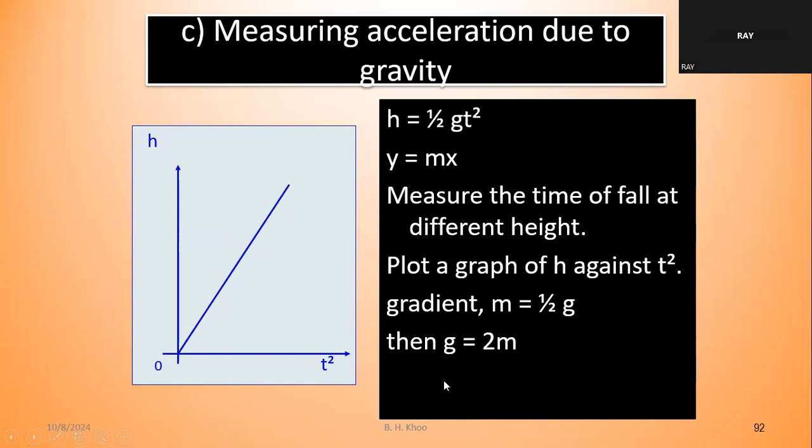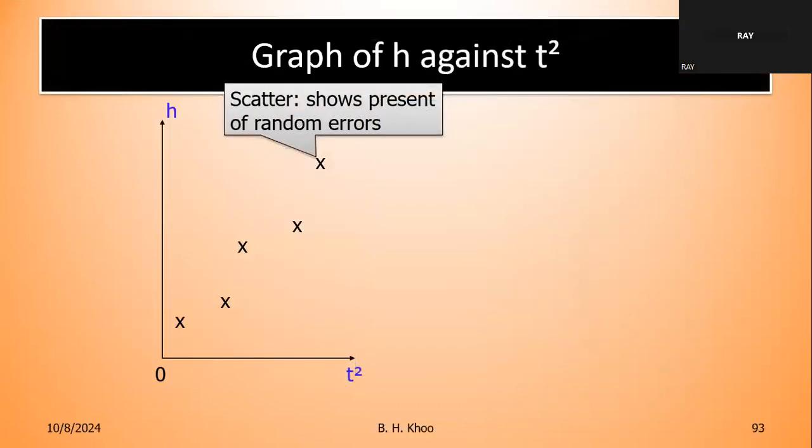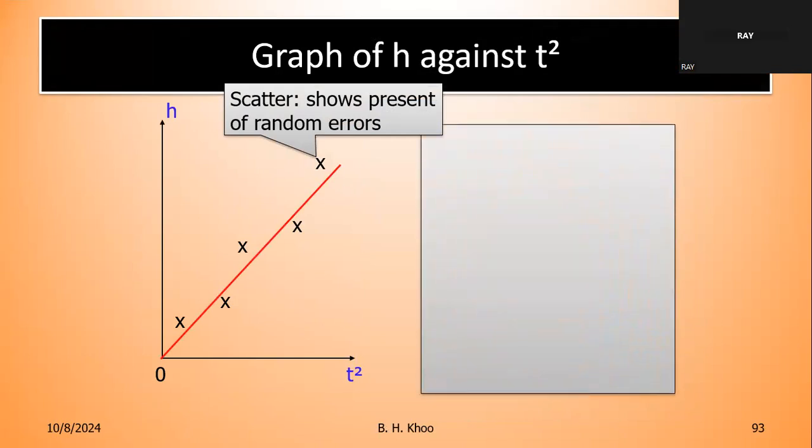And of course, when we do the experiment, we never get all the points on the straight line because of random error. So we get a point scatter, then we draw the best straight line. Sometimes we have a time lag or time delay, every point has a time delay.